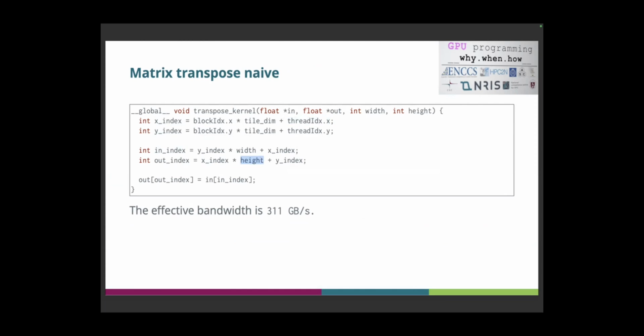Practically every write to the output of this kernel will have to trigger one block transfer from the memory to the GPU cores. And of course, now if you look at the effective bandwidth, it's just a little bit over half of what we got from the copy. But then the question is, can we do better?